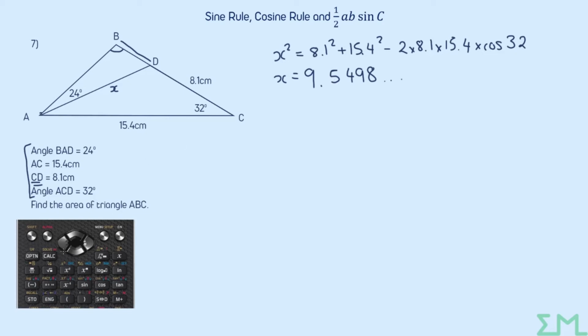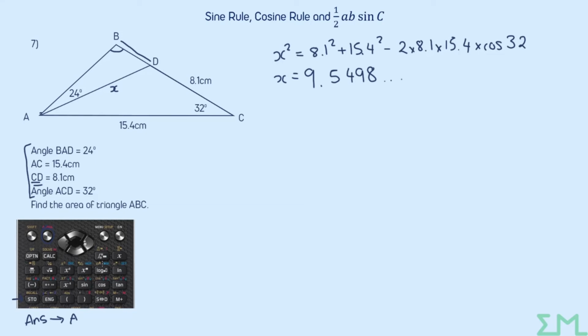Now, I've got a little bit of the calculator down here just so I can show you what you need to be doing in order to store. So let's say you've just worked this out, you've got this on the screen of your calculator. You are going to press the store button here, and then you choose, so you see these little red letters, A, B, C, D, etc. So I'm going to press this button for A, and what you should see on your calculator is it should say answer, arrow, capital A. If you now clear what's on your screen and press alpha, and then the button that has the A next to it, you'll have a capital A come up.